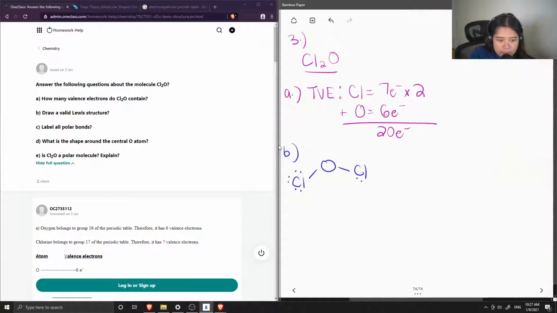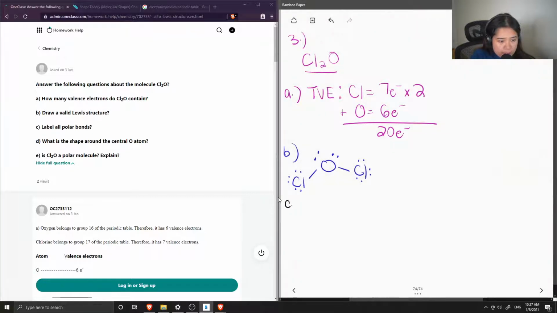Once I finish drawing all the lone pairs on chlorine, if we count it all out, each bond contains 2 electrons. So far I've only drawn 16 electrons, so I need 4 more since I have 20 in total. So I'm going to draw the other 2 as lone pairs on the oxygen. So now we have a valid Lewis structure.